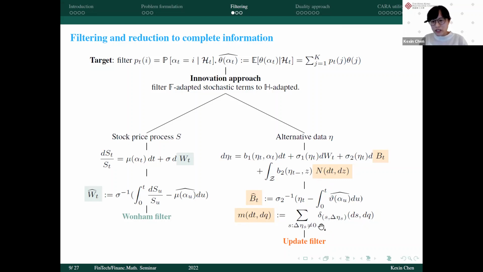It is defined in this measure, a direct measure defined on delta eta, that is the change of eta. In my study, I actually assume that this eta is one-dimensional, just like the stock price process. But I think it's not difficult to extend it to be multidimensional.